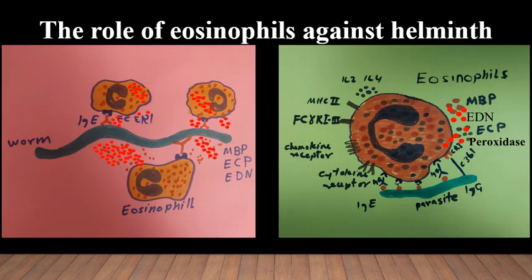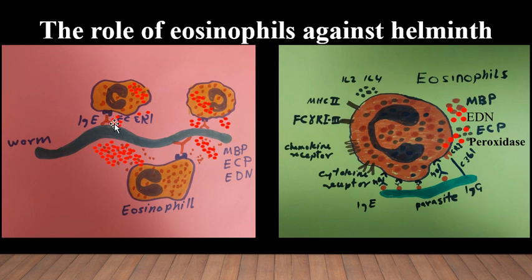As I mentioned, eosinophils have an anti-helminthic effect, and as can be seen here, these are eosinophils. They express receptors known as Fc epsilon R1 receptors, and these are specific for IgE antibodies. These IgE antibodies are raised against some molecules on the surface of the worm. So the IgE antibodies will bind to the worm, and they will bind to the Fc epsilon R1 receptor.